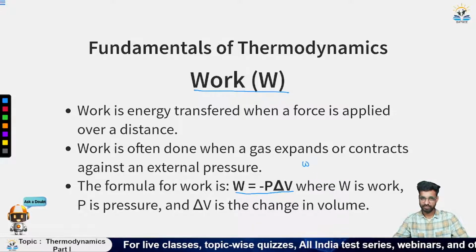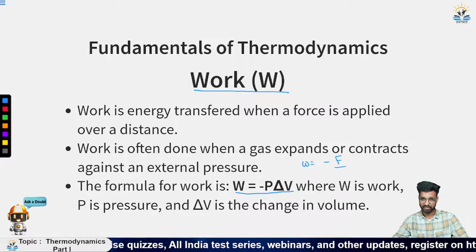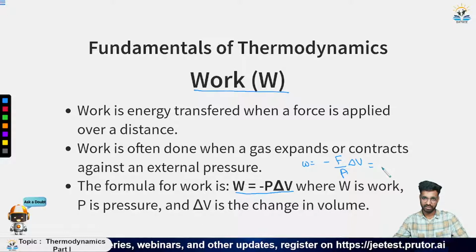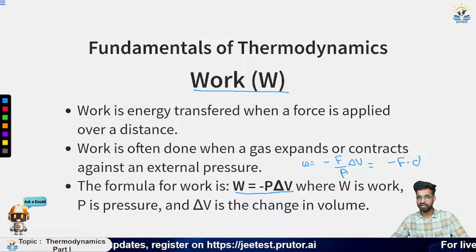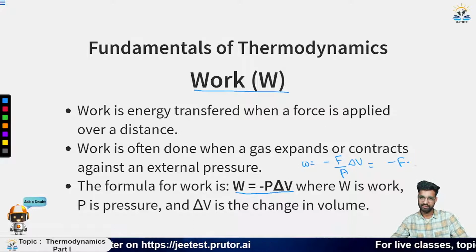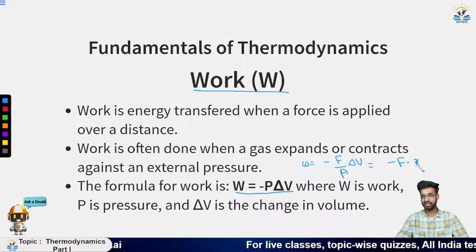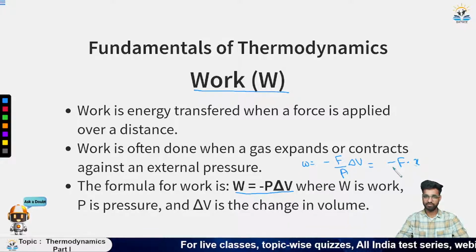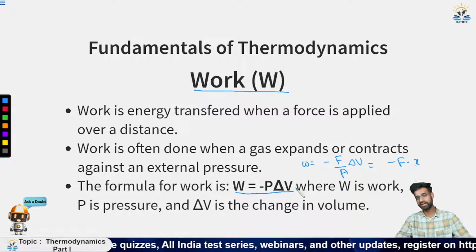So work is equal to minus pressure, which is force by area, times delta V. Now delta V by A will be displacement, so F dot X. So you can see that it is nothing but the formulation of F dot X into P delta V. And why are we using a negative sign here?